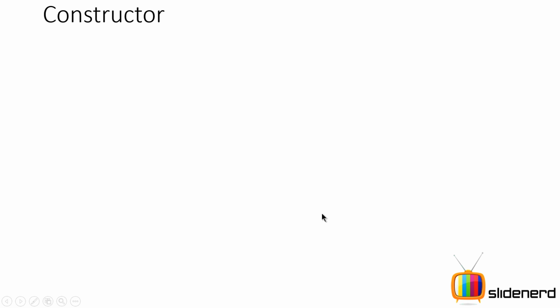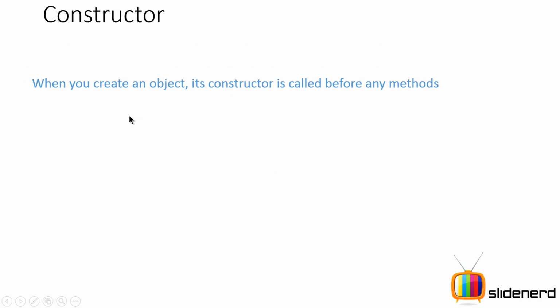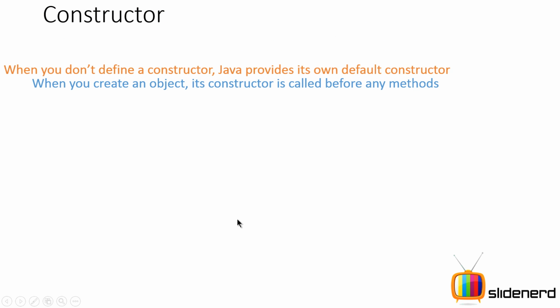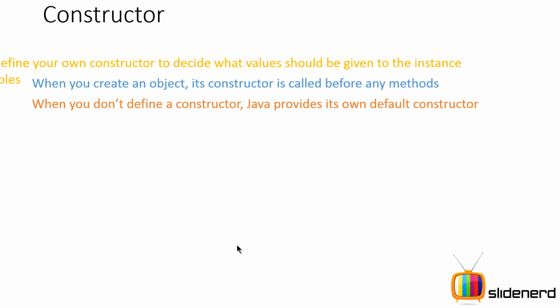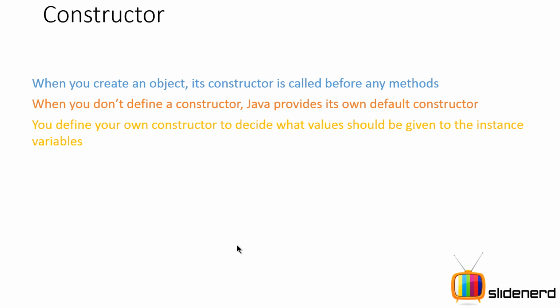So now let's talk about some points about the constructor. Let's again revise what we discussed. When you create an object, the constructor is called before any method. When you don't define a constructor, Java provides its own default constructor that's going to give default values to all the instance variables. But when you do define your own constructor, then you get to decide what values should be given to the instance variables.